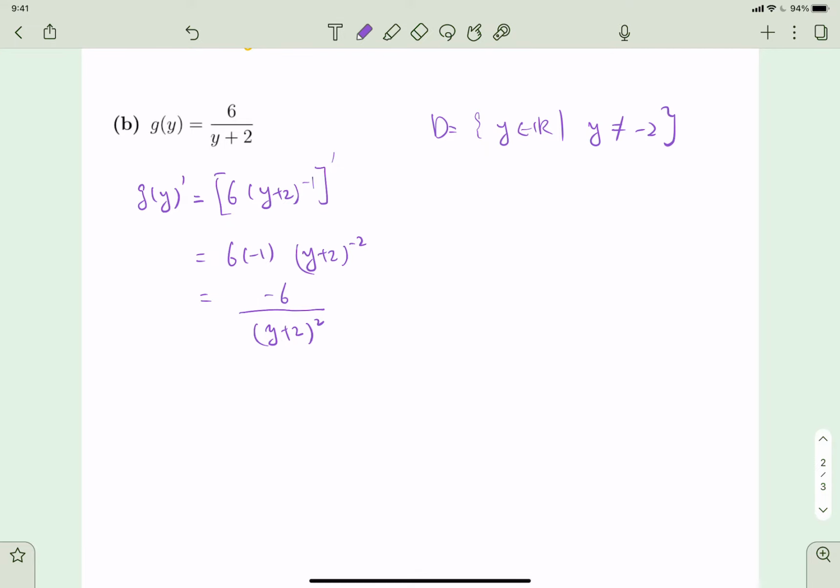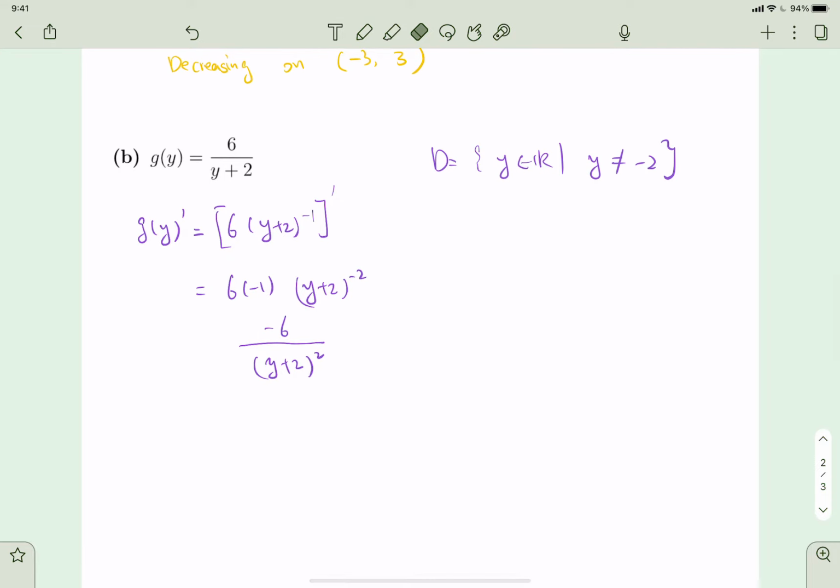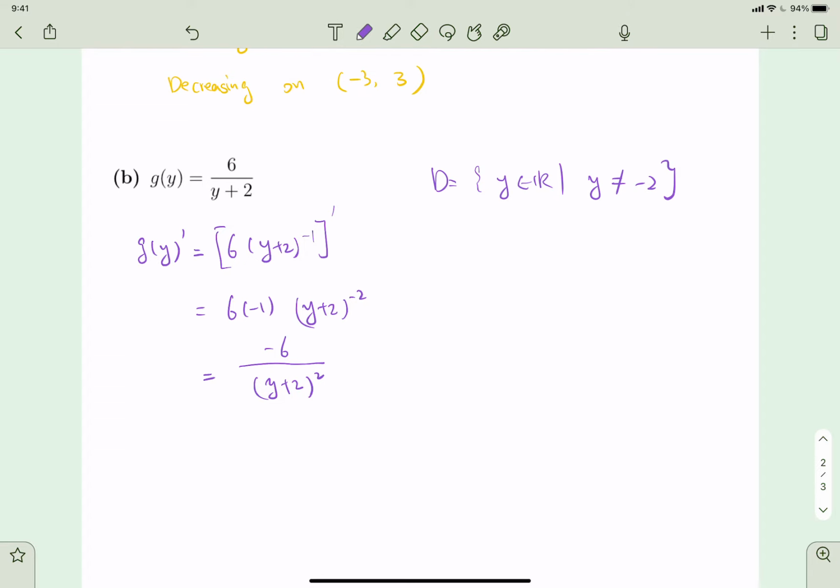Okay, so this is the derivative function. And now we know that this derivative does not exist when y is equal to negative 2.